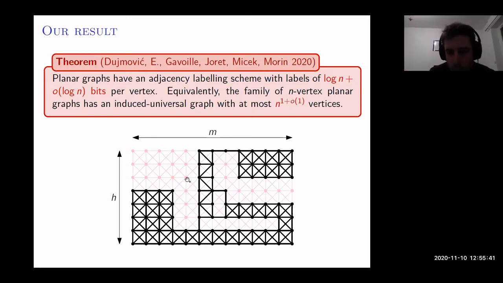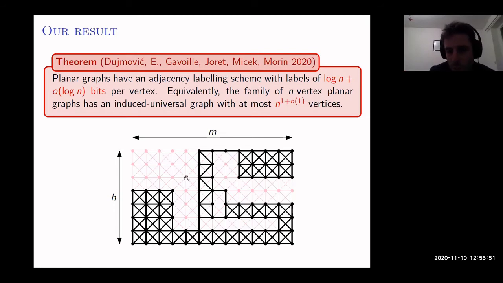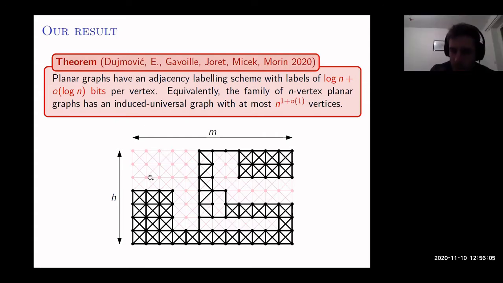And I guess that you mean you can embed any subdivision of a planar graph in, yeah, not exactly. You will have the problem of degrees also, but you can embed in the sense that vertices are sent to points of the grid, but you cannot say that you will follow exactly the edges. But yeah, again, this very specific case of subgraphs of the grid is already quite difficult and non-trivial.